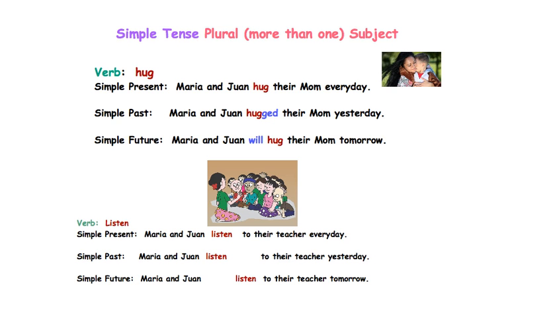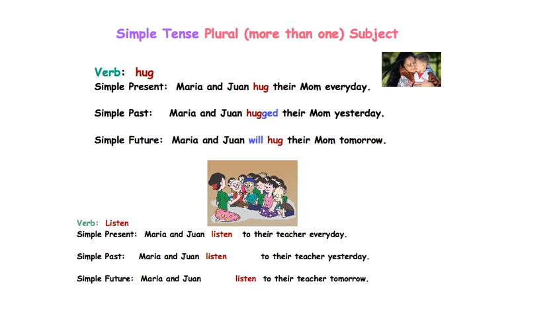In the future, you will see the word will again, just as it was when there was only one subject. Maria and Juan will hug their mom tomorrow. So as you can see, the only difference when you're in the simple present, past, and future is for the simple present. There's an S when there's just one person, and no S when there's more than one.